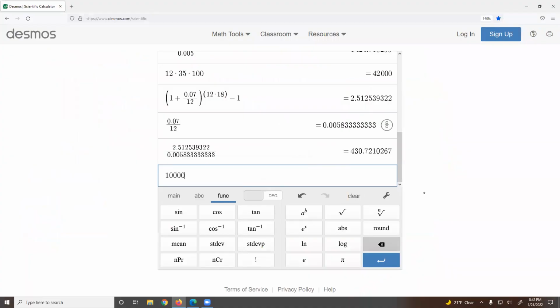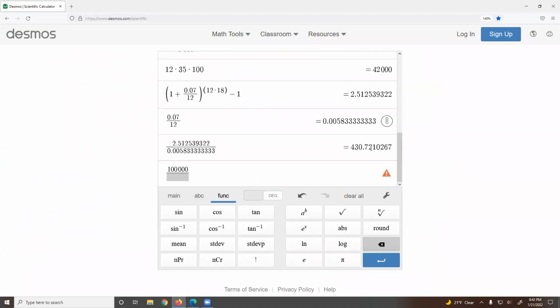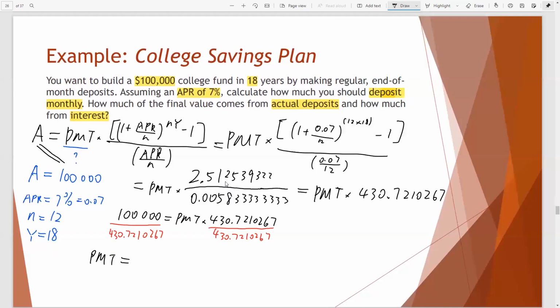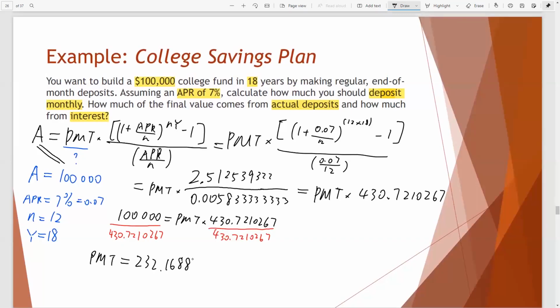So 100,000 divided by this amount we get 232.1688374. That in money, that's $232.17.